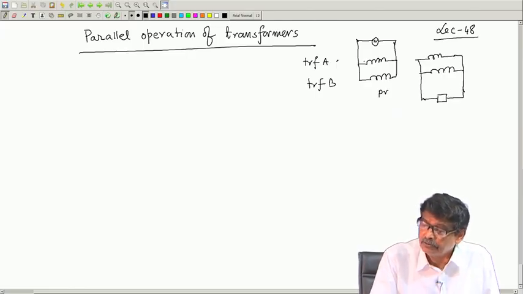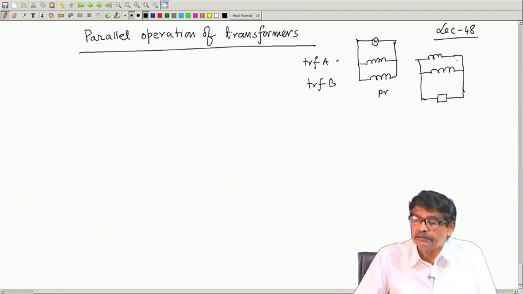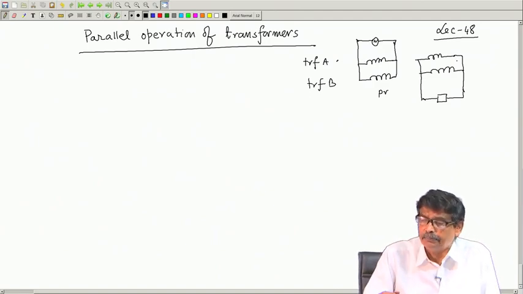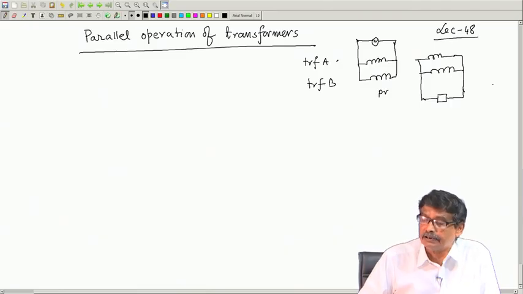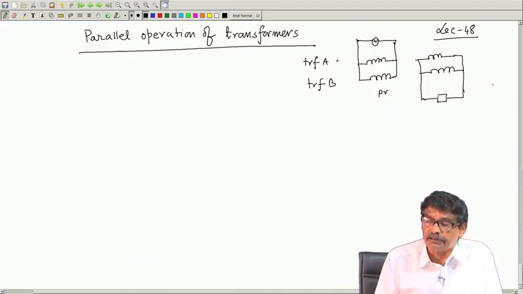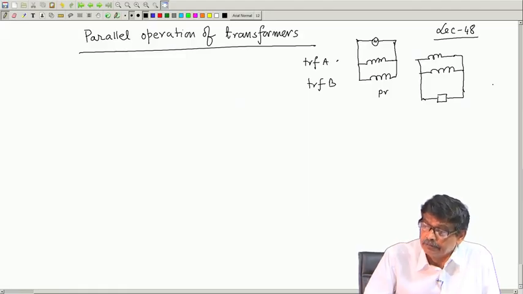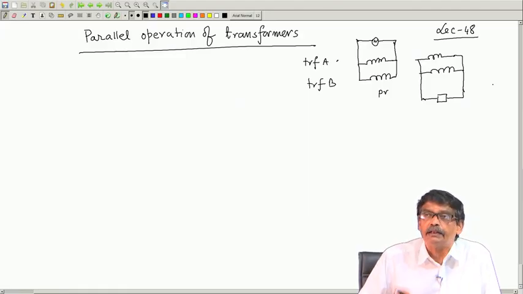Got the point? Similarly, if there are more than 2, another primary will come in parallel, and another secondary, transformer C. A and B have nothing to do with A phase and B phase, they are just names for the transformers. So, let us first discuss this single phase operation.